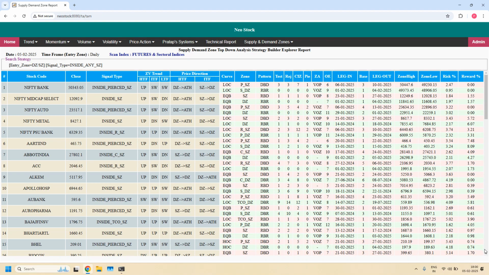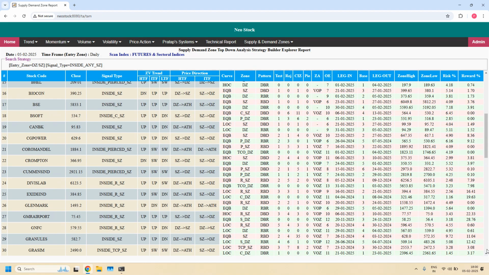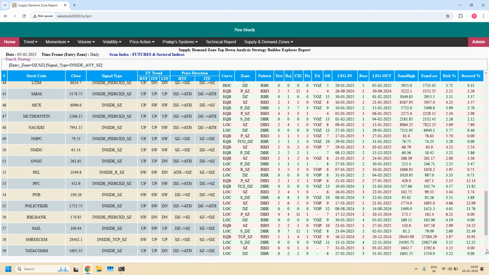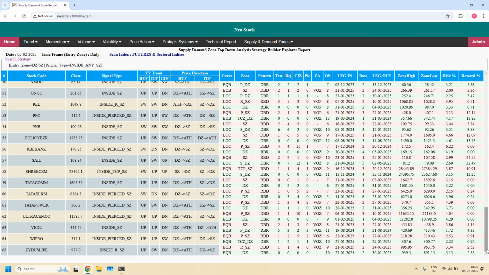After that, we will filter based on EMA Confluence. So total 65 stocks. Out of these 65, how many are having EMA Confluence?